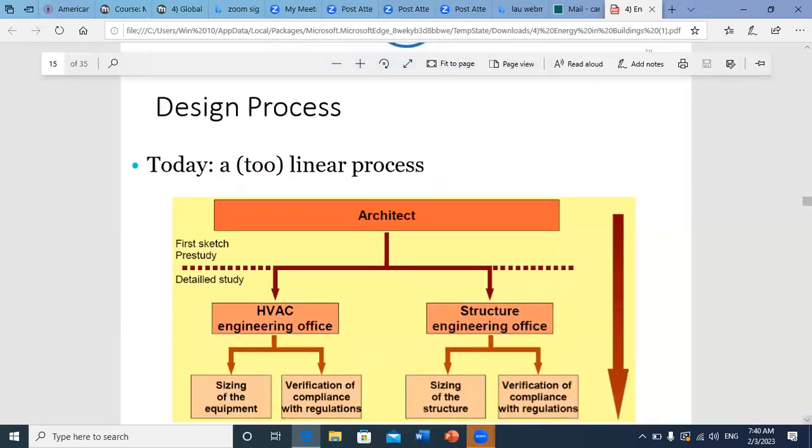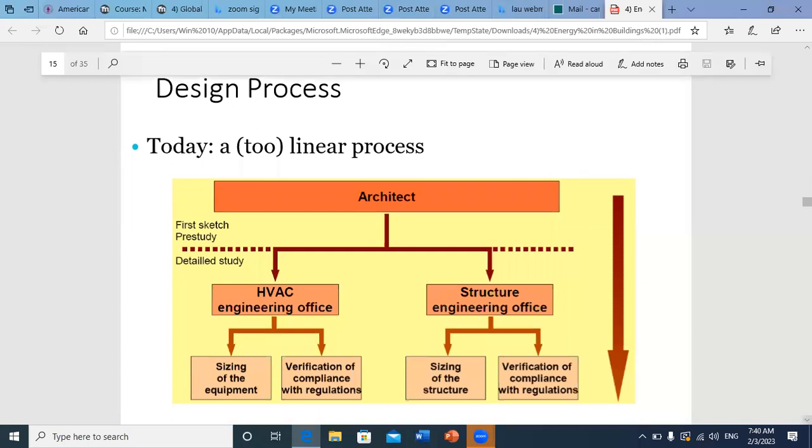Whenever we do a design process, we should avoid the linear process. So what is the typical linear process? We have the architect that will put the first sketch for the building, and will give the sketch to the engineers without a lot of discussions. Then the mechanical engineer will just take concern of the HVAC system by sizing the equipment and verification of compliance of equipment with regulations, while the structure engineer will study the structure of the envelope and verify the compliance with regulations.